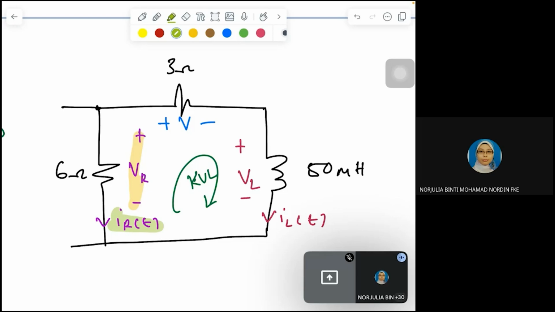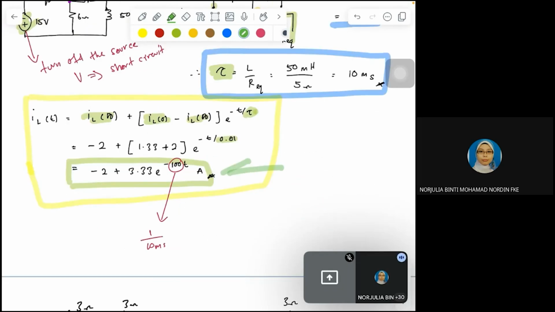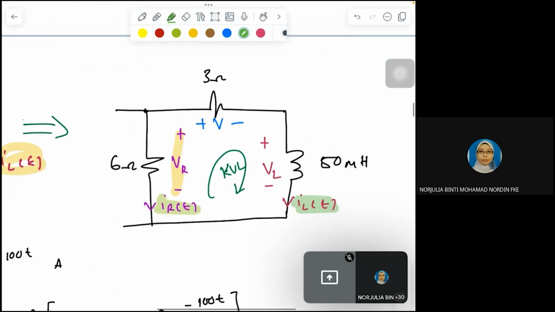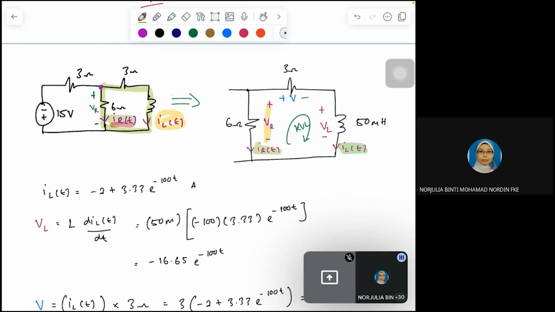At this moment, after doing the analysis previously, we have the value of IL, which we can get from here. This is your IL. So we have our IL, and then we can apply our KVL to find the VR. But how to find the VL? We need to apply the inductor law.